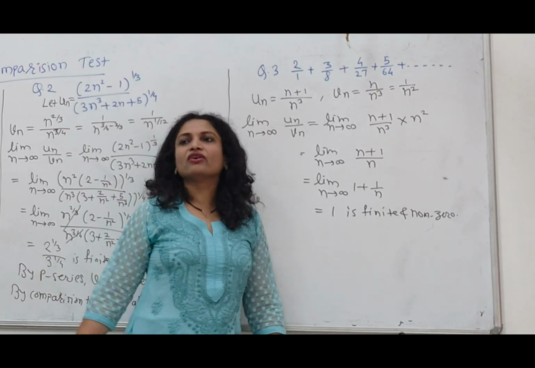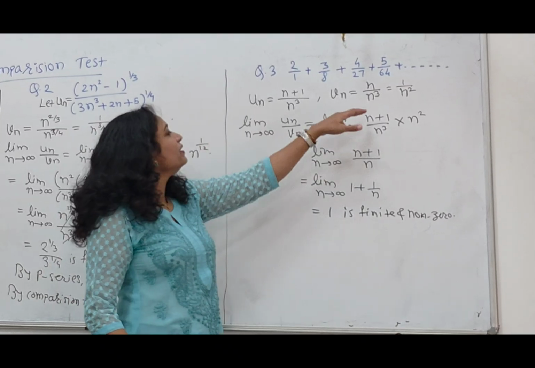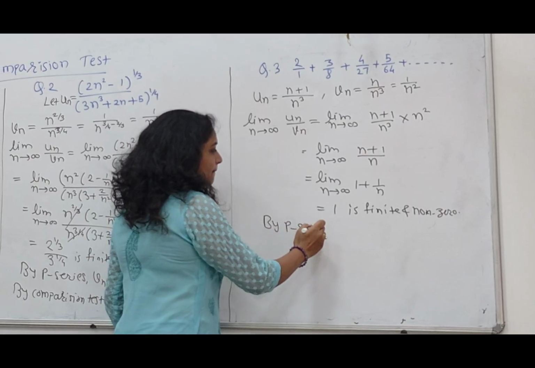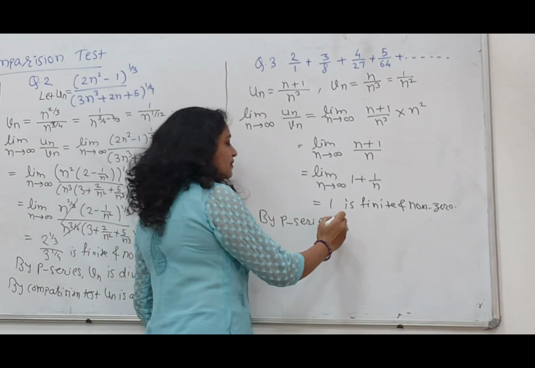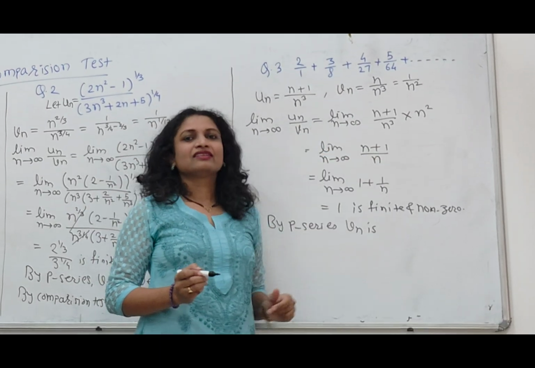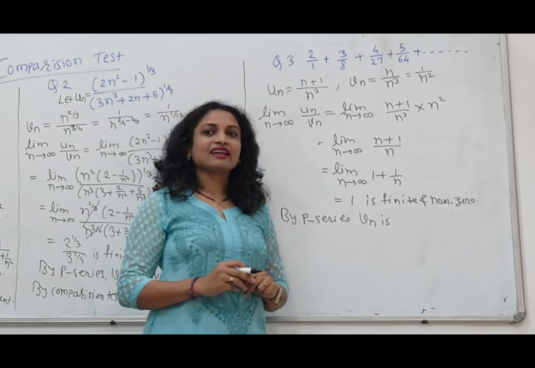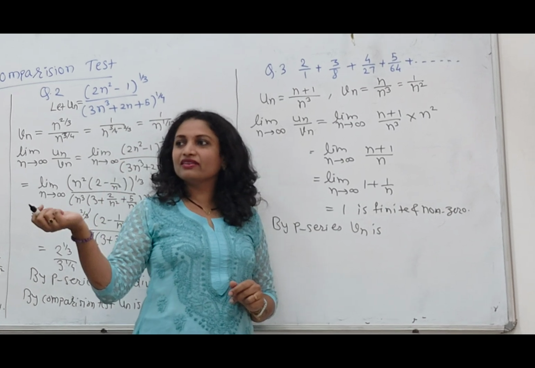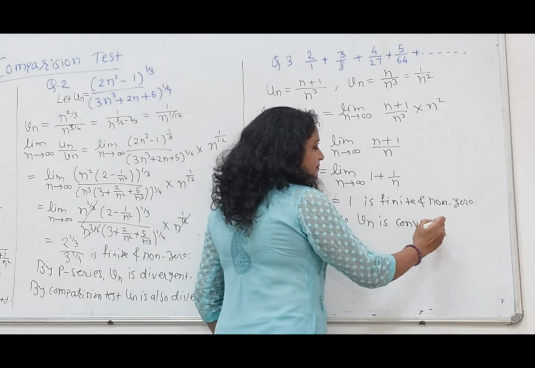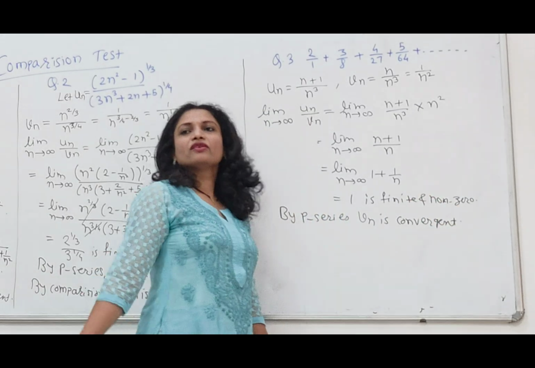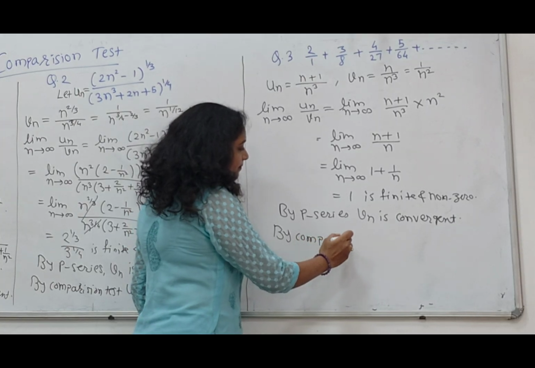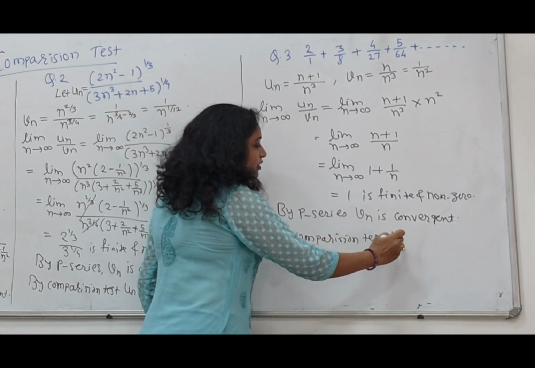As it is finite and non-zero, check the nature of Bn by P series. So by P series, what can you say? Bn is? Why divergent? N square is there, no? 2. 2 is greater than 1, so what? Convergent. Bn is convergent. So by comparison test, Un is what?